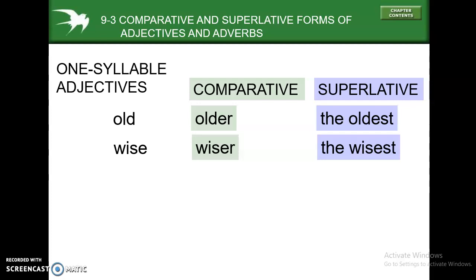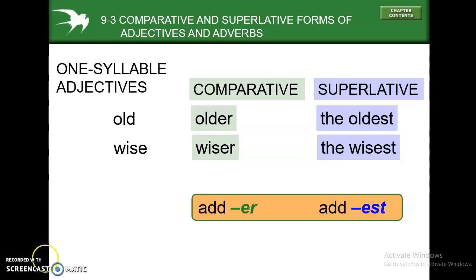For the adjective wise, we use wiser for comparative and the wisest for superlative, one syllable. So we add er for comparative and est for superlative.